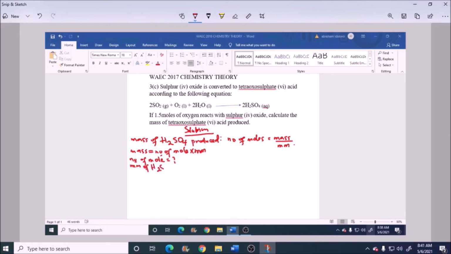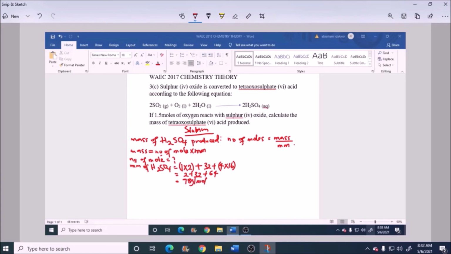Then we calculate the molar mass of H2SO4. We have 2 atoms of hydrogen, that is 1 multiplied by 2, plus 1 atom of sulfur, which is 32, plus 4 atoms of oxygen present in tetraoxosulfate(VI) acid, that is 4 multiplied by 16, which is 64. So we have 2 plus 32 plus 64, which equals 98 gram per mole.